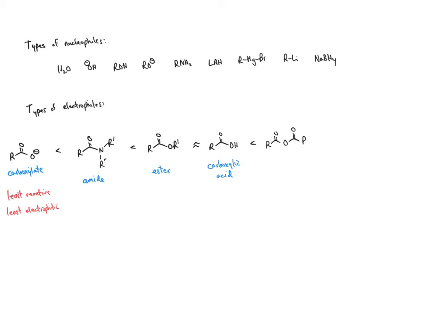And again, R and R prime don't have to be the same. So this is called an acid anhydride. And then finally we have something known as the acid chloride. So the acid chloride is going to be the most reactive, or the most electrophilic.